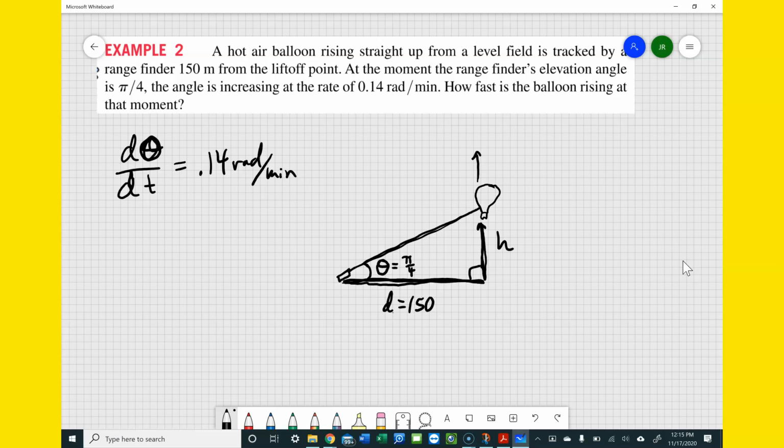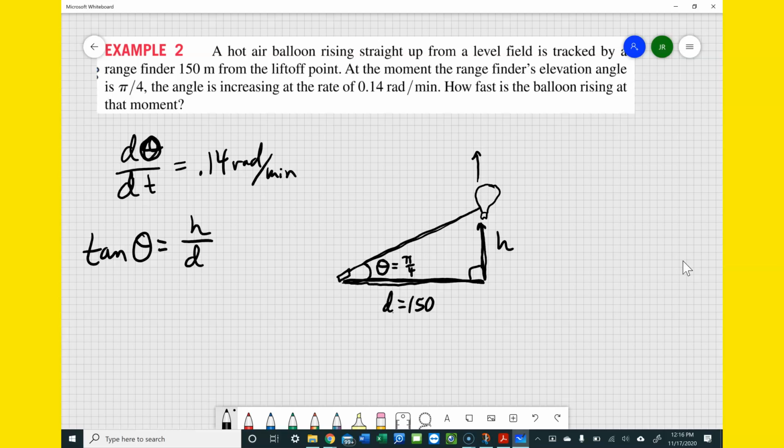I think I'm going to use a trig equation. If this is theta and I'm doing these sides here, this looks like an opposite over adjacent tangent situation I can use. So I could say tan theta equals h over d.